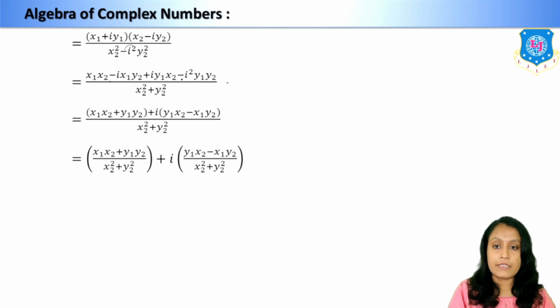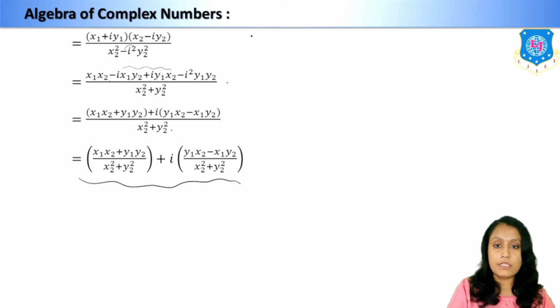Now again i square is minus 1, so here we have plus. So x1 x2 plus y1 y2, we will write it together, plus i times, take out i common from these two terms. So you will get y1 x2 minus x1 y2, and in the denominator we have x2 square plus y2 square. Now we will separate it and write it in this form.